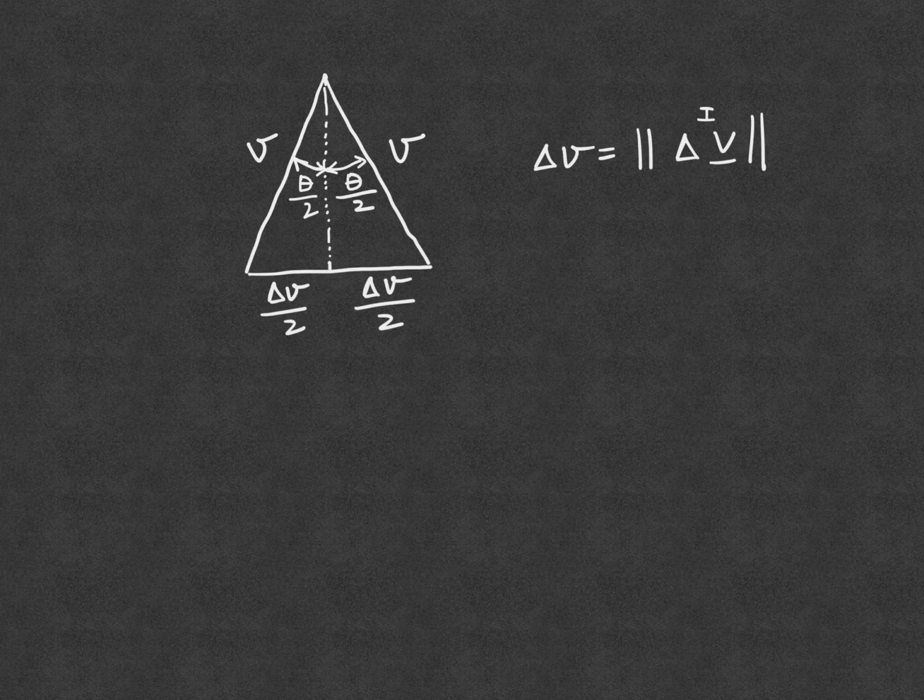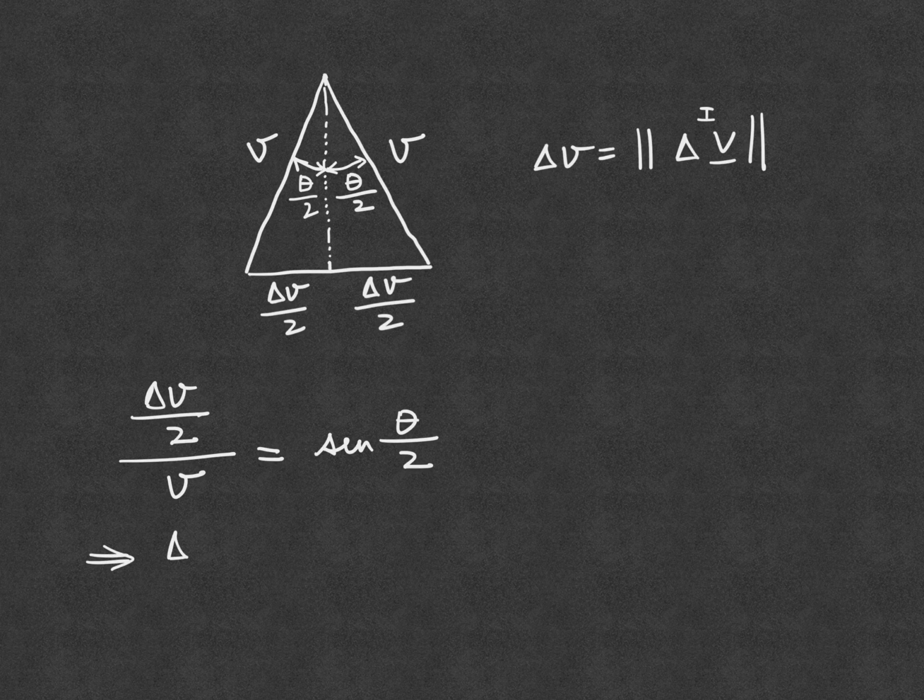So from the geometry, we obtain the following result: delta V divided by 2, divided by V, is equal to the sine of theta over 2, because the sine is the opposite side over the hypotenuse. The opposite side is delta V over 2. The hypotenuse is V. So if we solve this equation for delta V, we wind up with delta V equal to 2V times the sine of theta over 2.